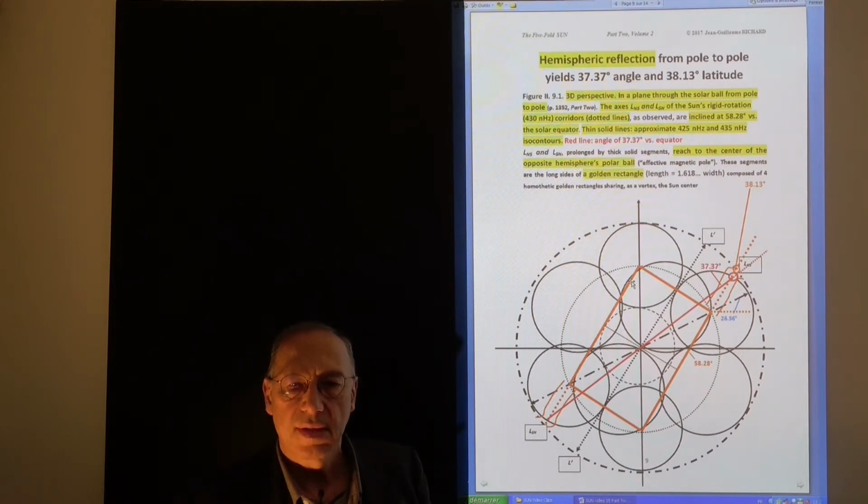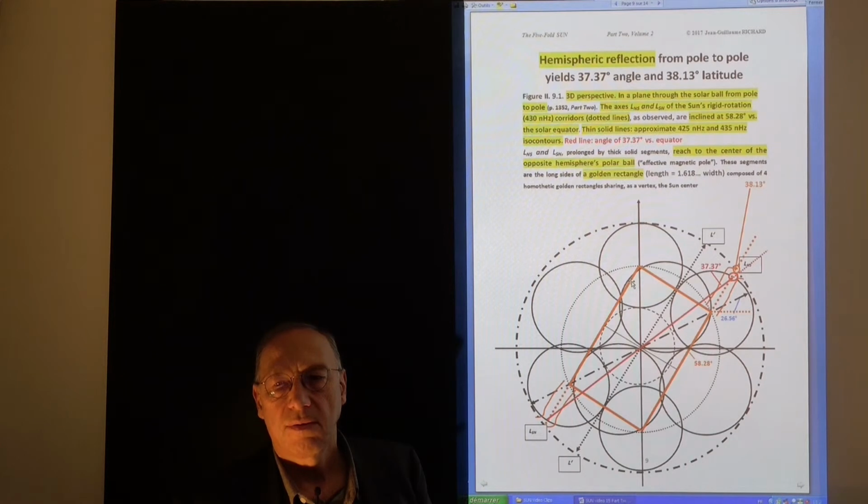So in both cases, 37.37 degrees and 38.13, we approach rather closely the estimate that we found for the latitude at which the rigid rotation with 144 rigid rotations through the solar cycle is verified.